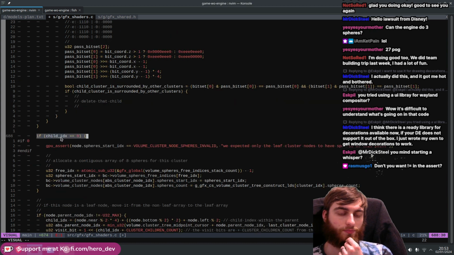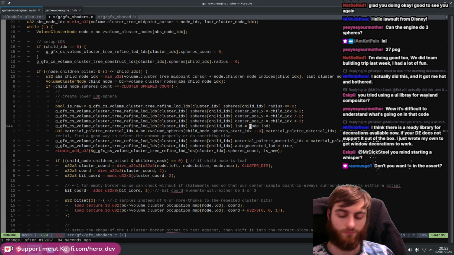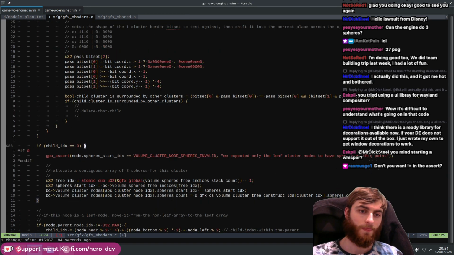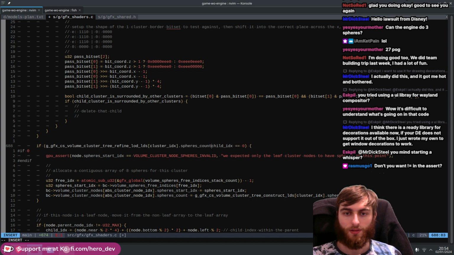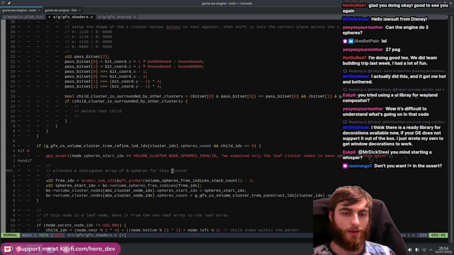So here we know if we need to look at that LDS thing again. So it should just be as simple as if this and that. We have found spheres.